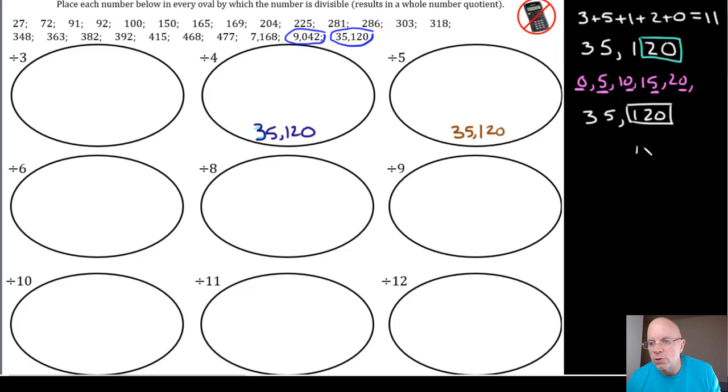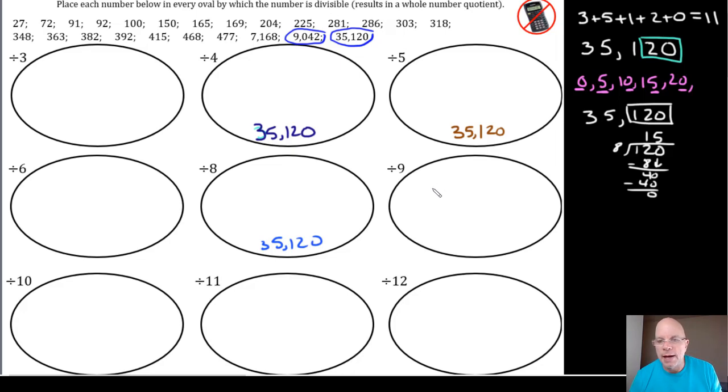But if we take 120 and check whether it's divisible by 8, we'll know whether the entire number is divisible by 8. And when I divide 120 by 8, I get 15 with no remainder. So 35,120 is divisible by 8. So I'll place it in the ellipse for 8.